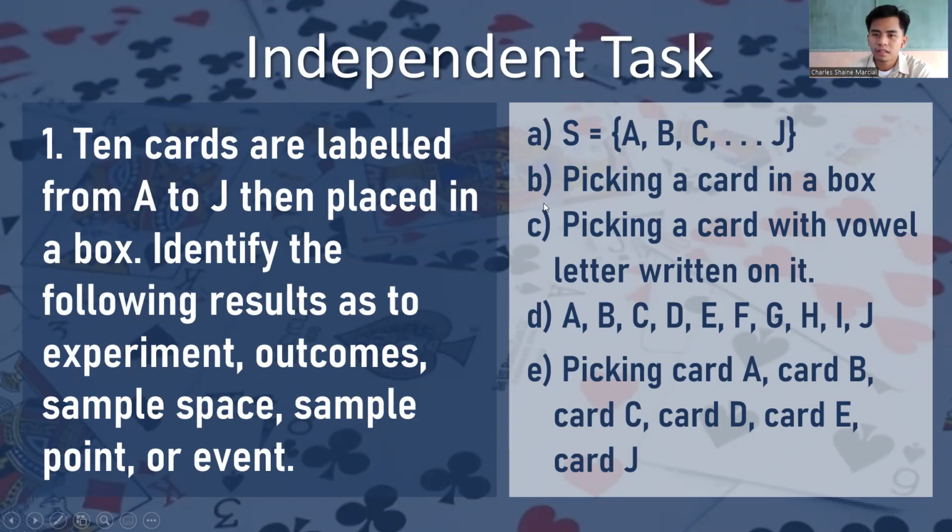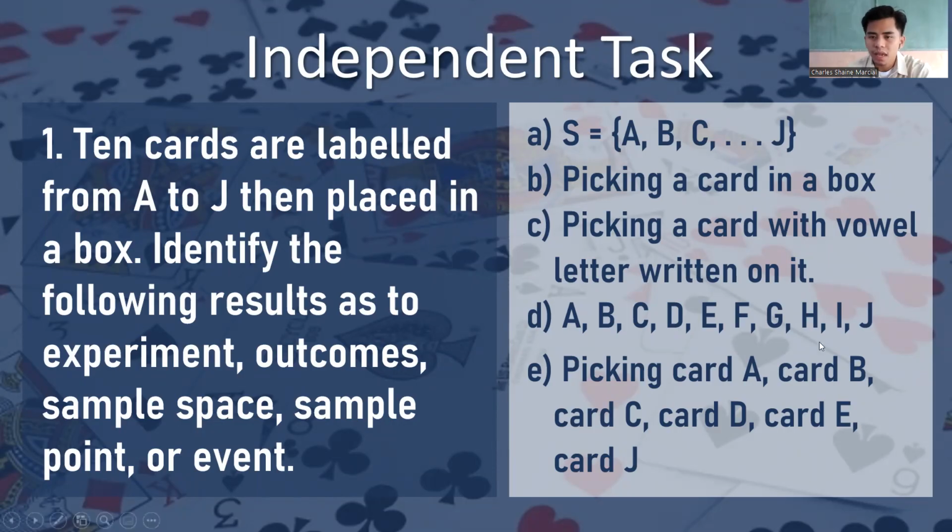Okay? Letter C. Picking a card with vowel letter written on it. Okay? So dito, meron lang pinili. Okay? Na vowel letter. So ibig sabihin, ito yung subset ng sample space. So ano yung subset ng sample space? Alright, so that is an event. Okay, letter C is event.